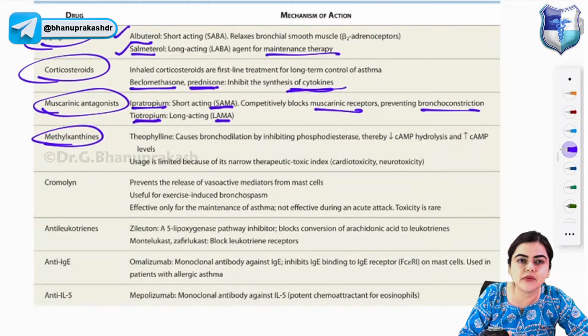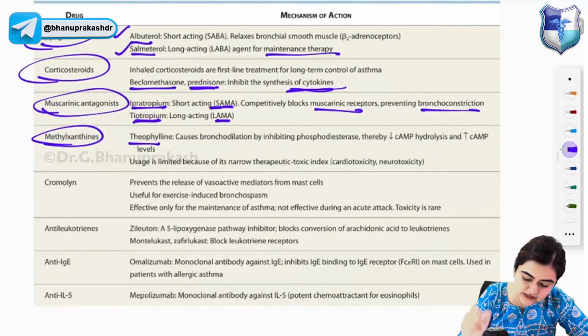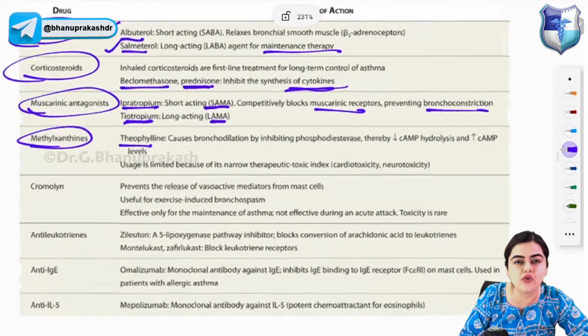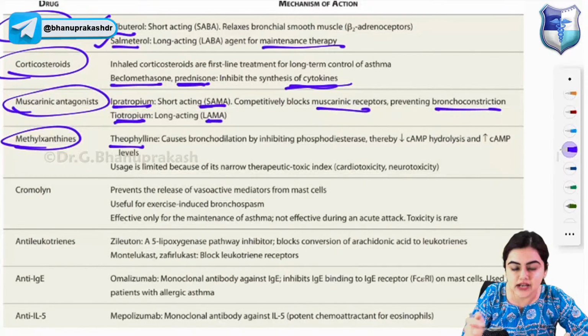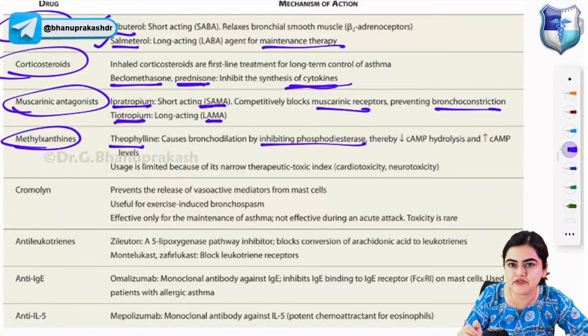Methyl xanthines are also used in asthma. Methyl xanthines like theophylline, how does it cause bronchodilation? By three mechanisms. So theophylline will inhibit phosphodiesterase enzyme, thereby increasing the cyclic AMP levels.